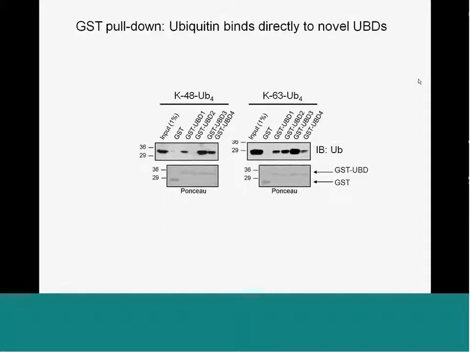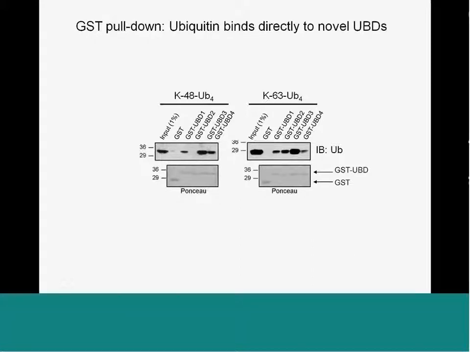We could also define whether or not our ubiquitin binding domain binds to K48 or K63 link chains by using these GST pull-down assays. So here are purified fusion proteins, and we have defined at least 4 ubiquitin binding domains. I've called them 1 to 4 here, UBD 1, 2, 3, and 4.